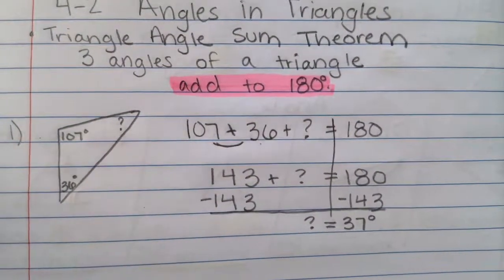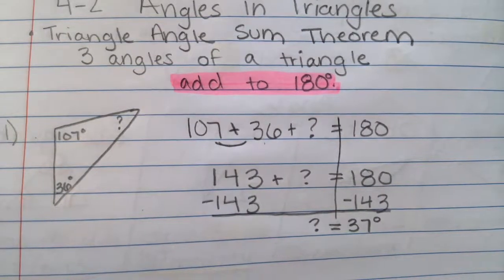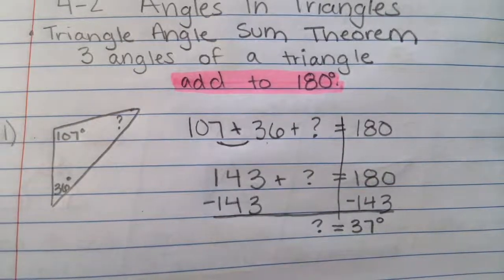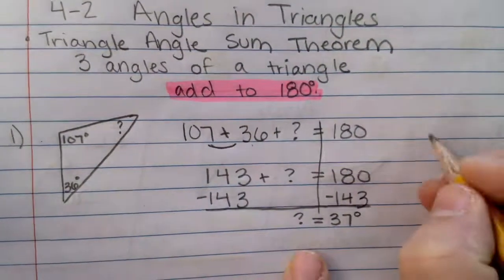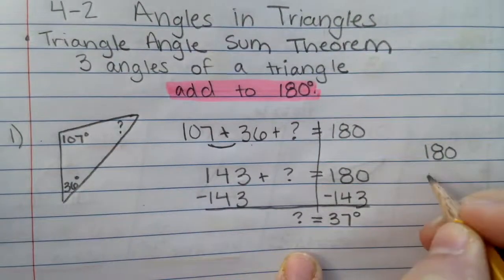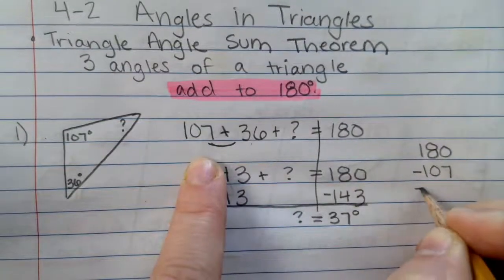How exciting. Okay, another way you might do this is just by taking 180 and you might do minus 107 minus 36. Now you wouldn't write it like that if you're going to do it by hand, but some people would just do that in their calculator.